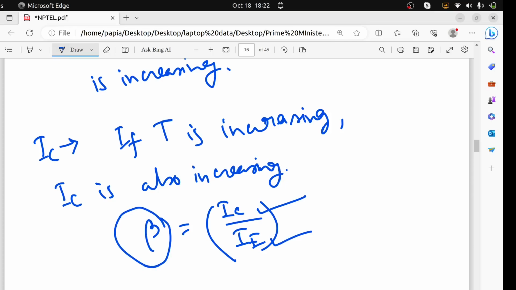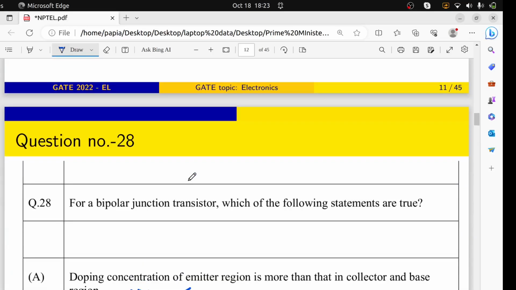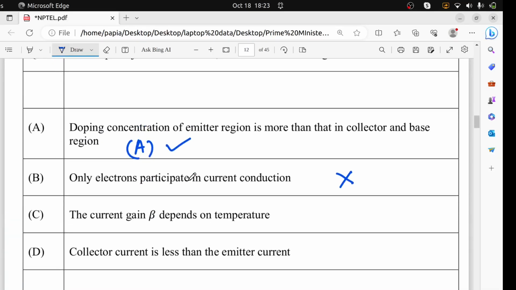So whether it is IC or IE that has the T dependency, I can say as a whole the result is that when T is increasing, beta, that means current gain, is also increasing. And vice versa: when T is decreasing, beta is decreasing. So as a whole, I can tell that beta, the current gain, depends on temperature. Okay, so this is the correct one.